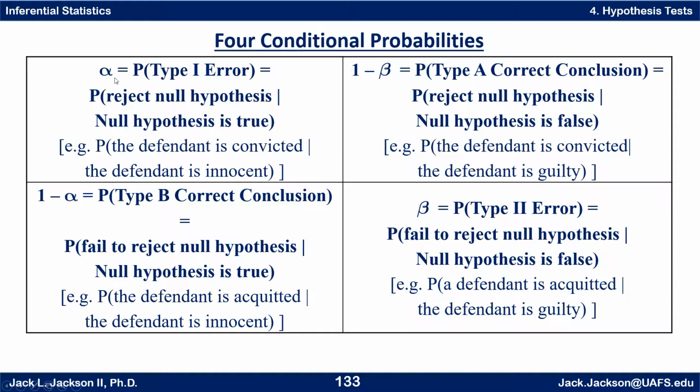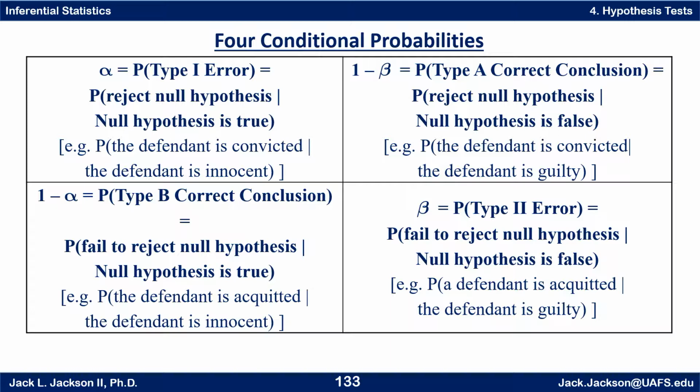So if we decrease alpha, we're likely to increase beta, and vice versa. If we make it harder to acquit a guilty person, then we're more likely to convict some innocent people. So alpha and beta kind of work against each other. Ideally, you could make them both small, but in reality, they sometimes are tugging against each other.